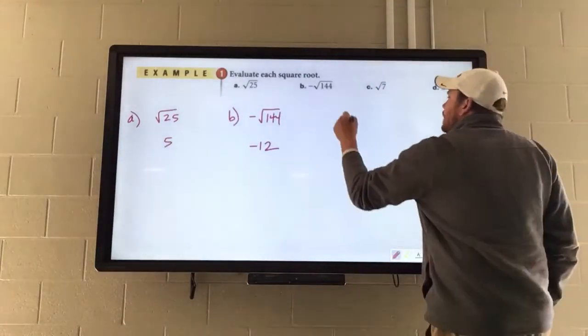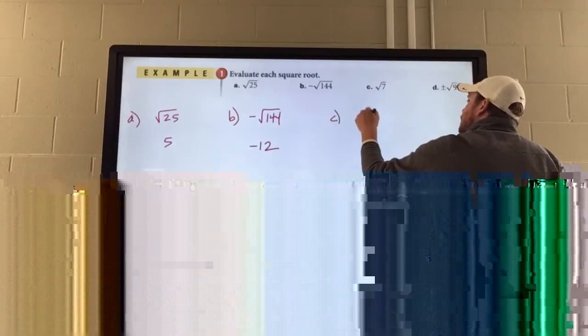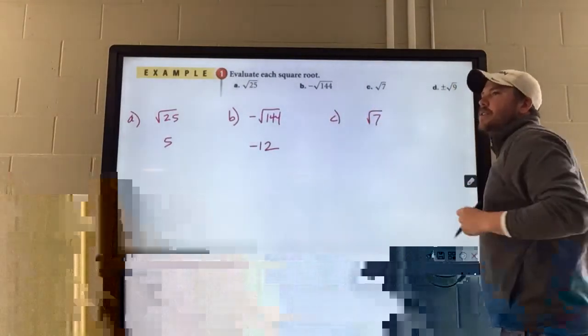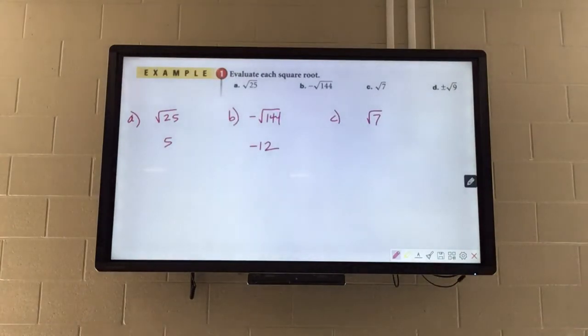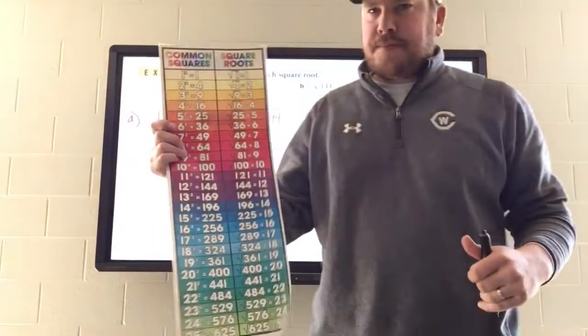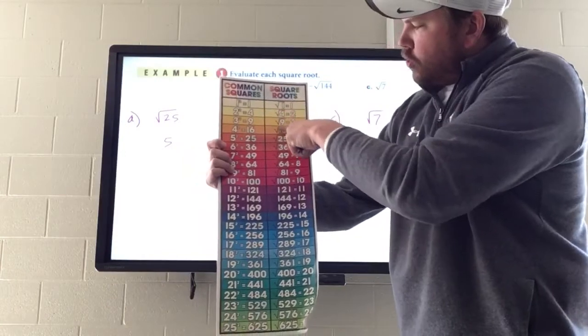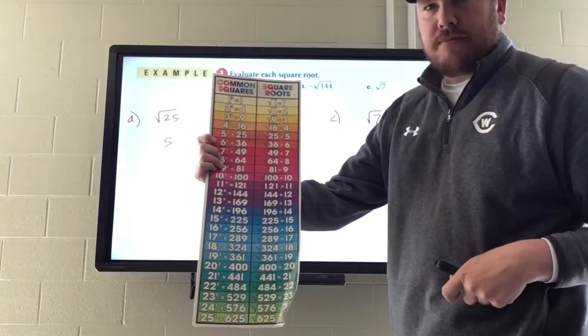Now, when we run into something like this, a square root of 7, this is when we are going to use those perfect squares that we talked about earlier in the year. If you remember, the perfect squares are the numbers whose square root is an integer, all right?